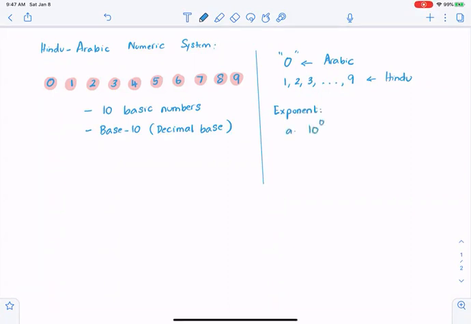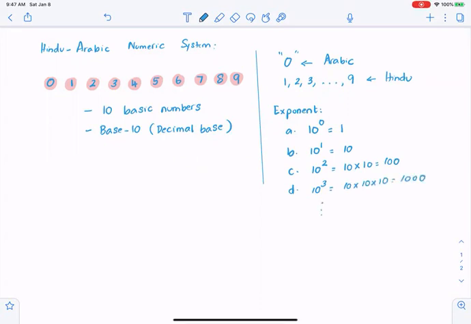I'm just going to use 10 because we're talking about base 10. 10 raised 0 is 1. 10 raised 1 is 10. 10 raised 2 is 10 times 10, which is 100. 10 raised 3 is 10 times 10 times 10, 1000.